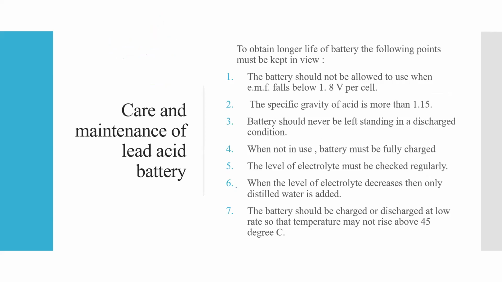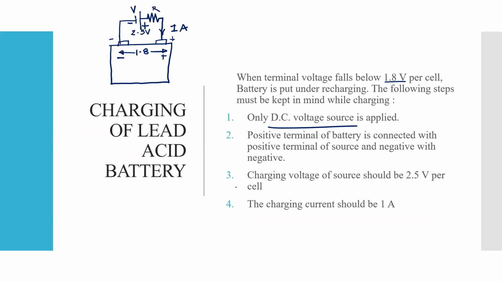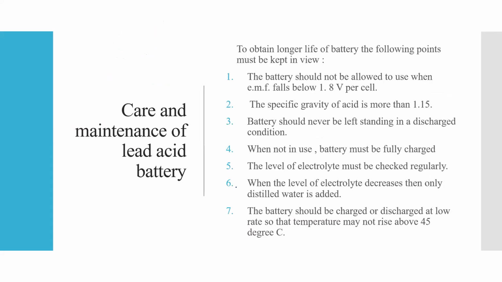Now this is all about the basics of charging a lead acid battery. Only apply a DC voltage source, only connect plus to plus, minus to minus. Charging voltage per cell should be 12.5 volt and charging current should be only 1. And that's why when you put the battery under charging, it takes a long time, 1 hour, 2 hours like that.